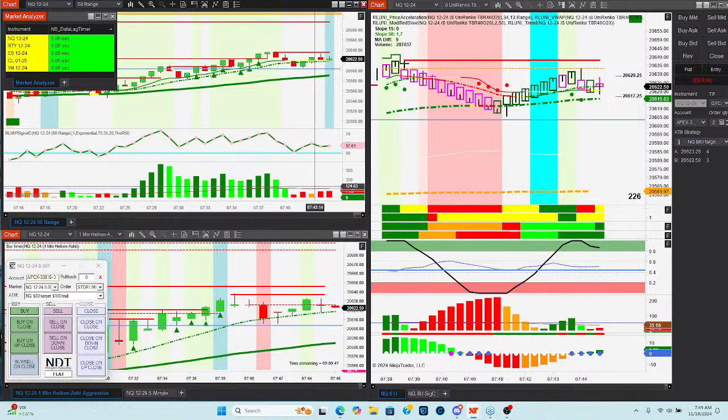I'm not sure what this tells me here. When I start seeing red brushes and this is above the 50, that's just a definition of chop.